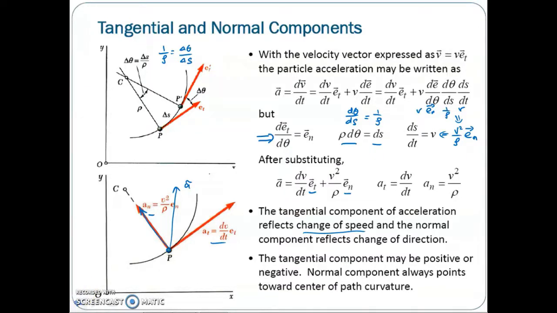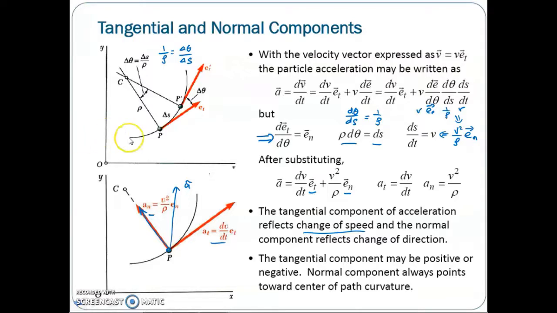So in summary, these tangential and normal components are most often used when the particle of interest travels along a circular path, or when the radius of curvature of the path is to be determined.